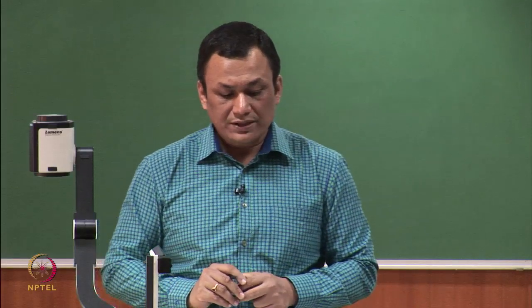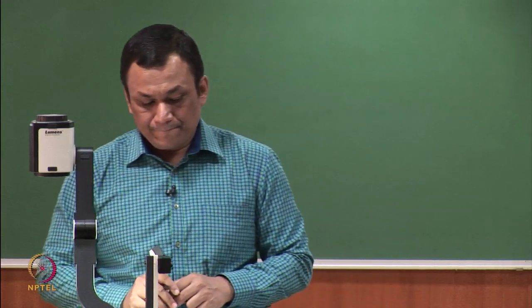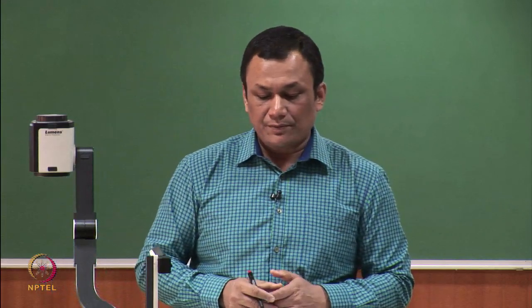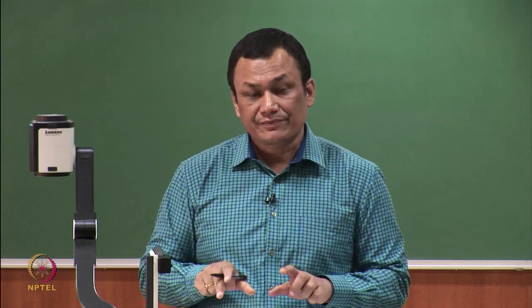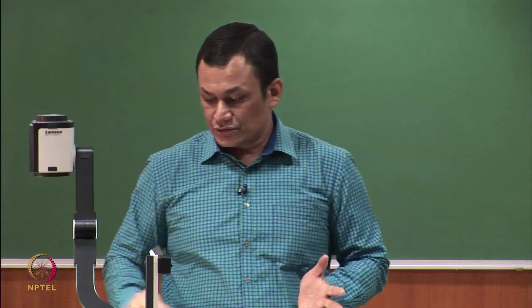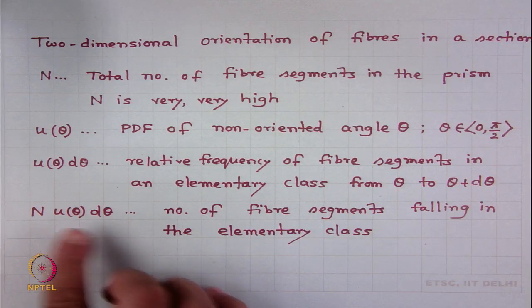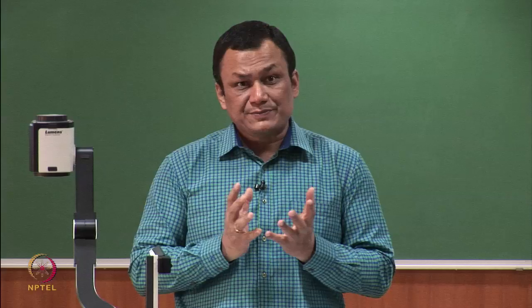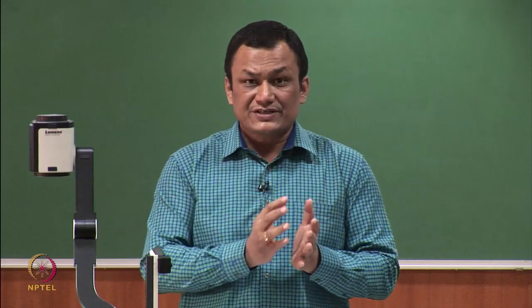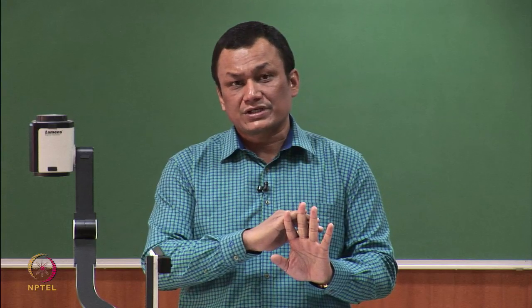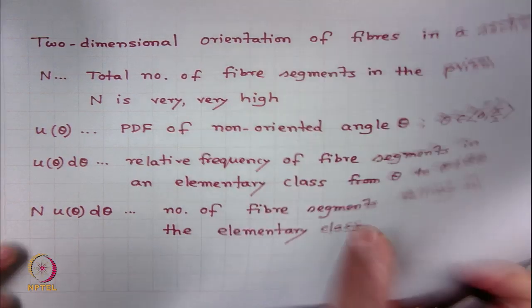Then what is the number of intersected segments which are falling in this elementary class? So, there were numerous fiber segments. So, this is the number N u theta d theta, but among these fiber segments there will be some fiber segments which will be intersected by those two sectional planes. What is that number? So, let us go to the next page.